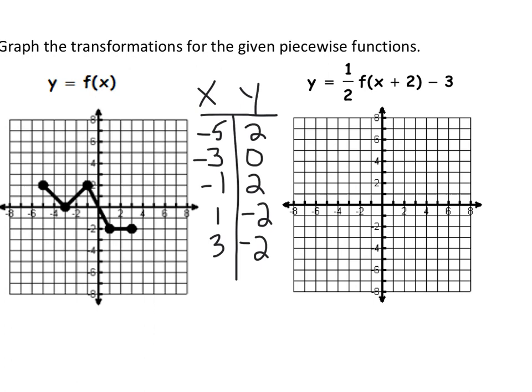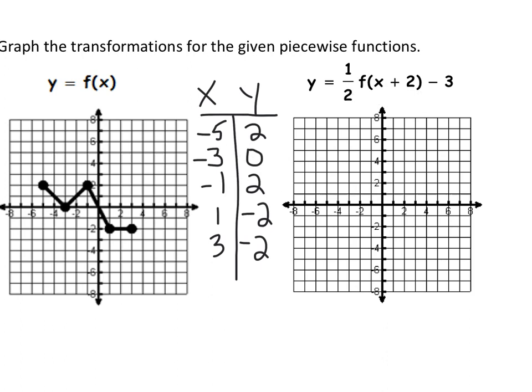Okay, so the first thing we do is create a table for our parent function, f of x, and I'm just using these main points of -5, 2, -3, 0, -1, 2, 1, -2, and 3, -2. And then we're going to perform these transformations right here on this table, and then we're going to graph that.